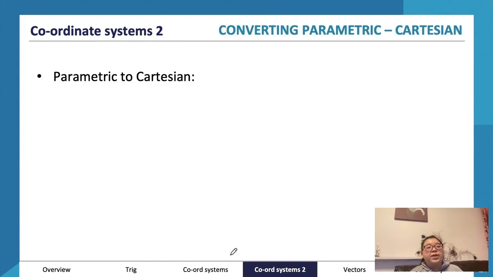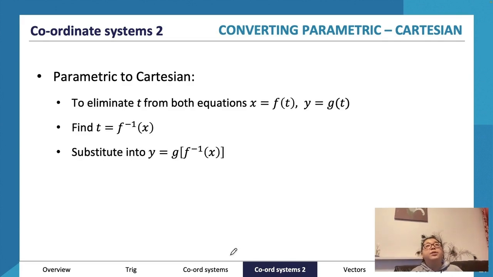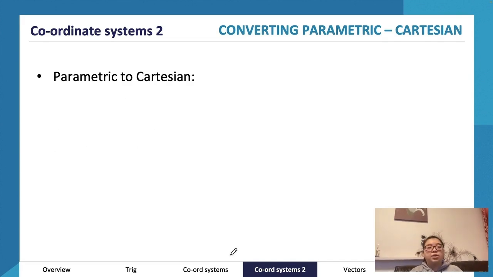So when we want to convert, right, the easiest thing to do here is to look at your y and x, and your goal is to get them. So there's kind of two ways to do it, and it just depends which type of function you end up having.